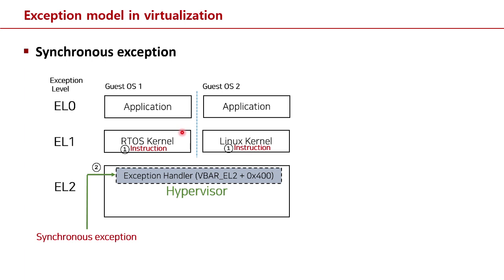If the exception is identified at exception level 1 due to a critical error, in this case, the exception handler in the hypervisor can terminate or reset only the particular guest OS, not the whole system, because the problem is only from the perspective of exception level 1 where the guest OS is running. The hypervisor does not have to reset the other guest OS either. That kind of scenario can be implemented by the system software engineers of the specific company.